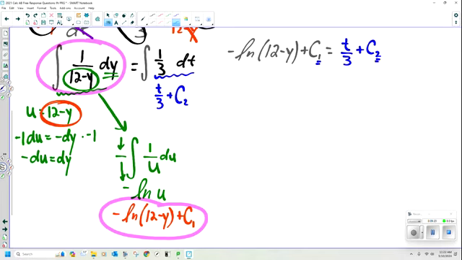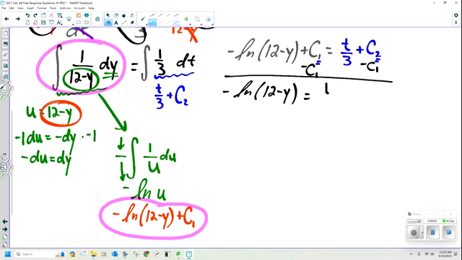You can use different variables, I guess, to represent constants, but we typically use C. Now, first thing I'm going to do is I'm going to bring this constant over to this constant. The negative ln of 12 minus y is going to equal t over 3 plus, well, if I combine two constants, that's just going to give me another constant. Now I can write C without a sub 1 or a sub 2. All right?